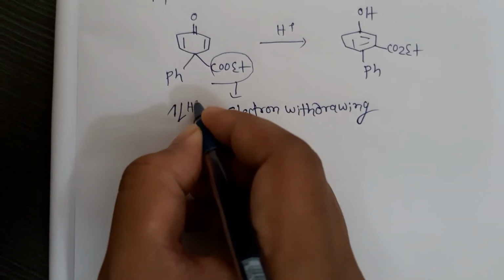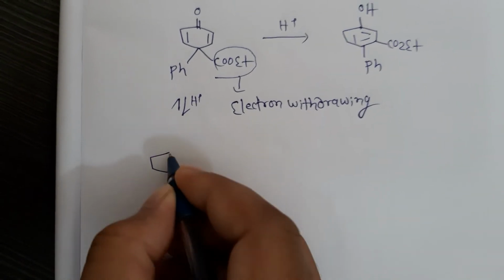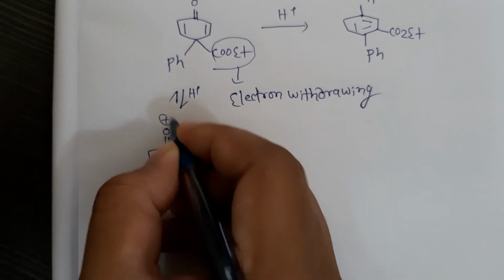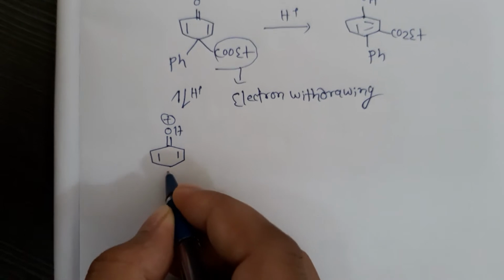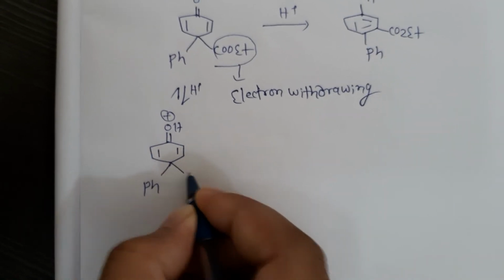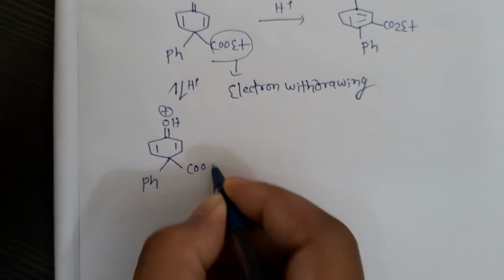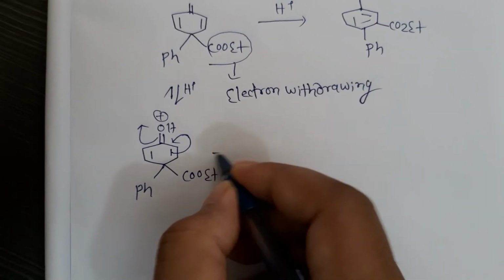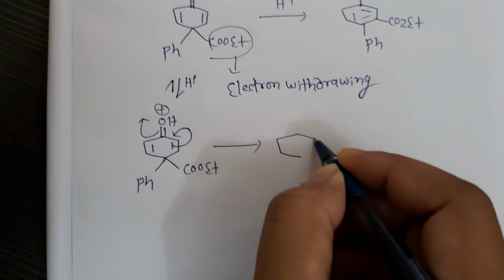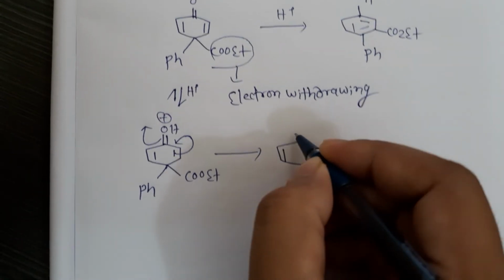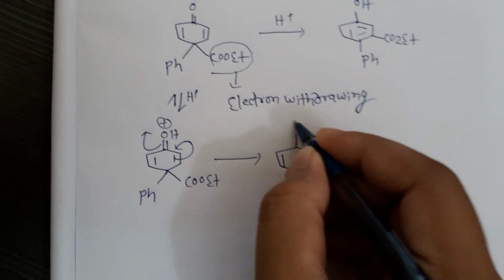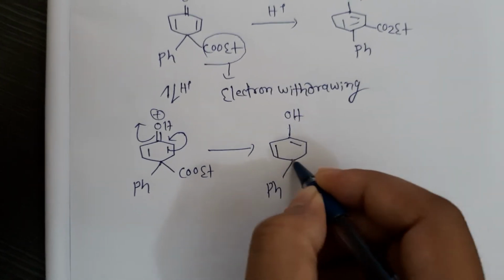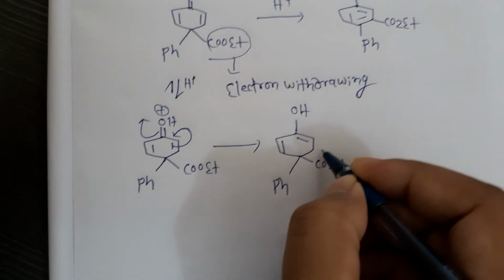So if we give H plus, it will first form this OH plus. I hope you understand. COOEt. Now this comes here, this goes there, then this OH, Ph, COOEt.